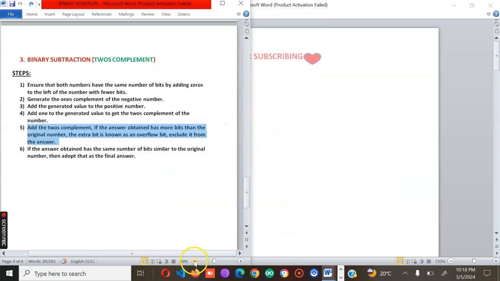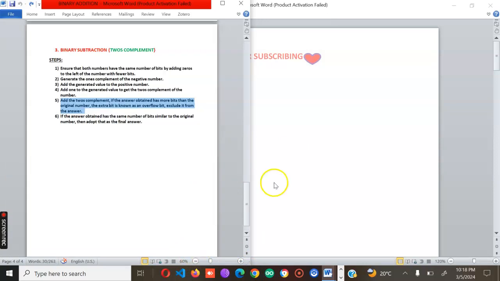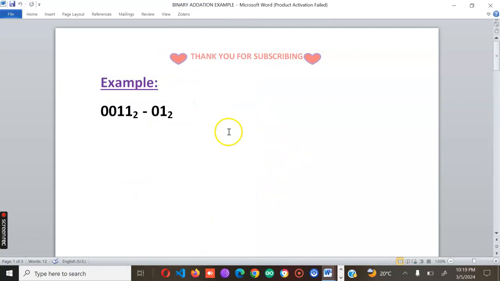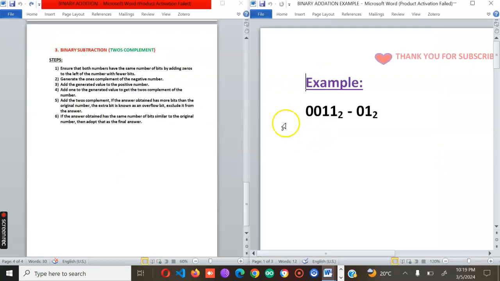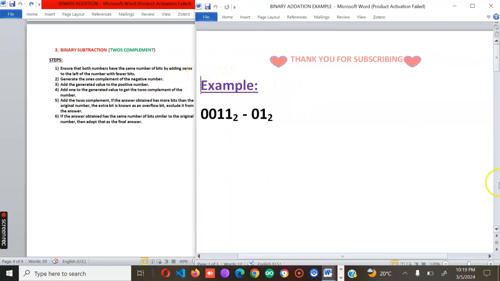Let me minimize this so that we can apply the same concept. I hope you are able to see that font. So, our scenario number one: we have 0 0 1 1 and 0 1.